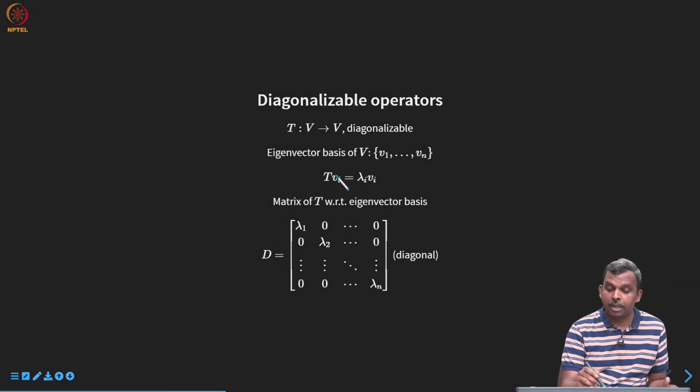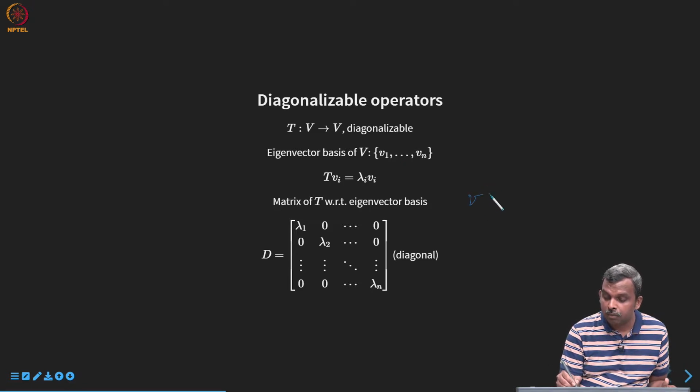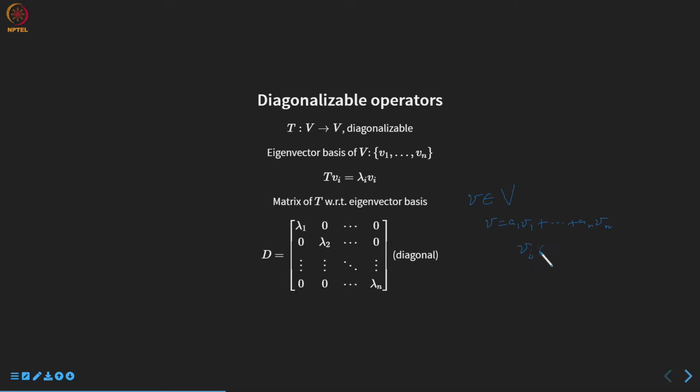Once you have an operator which has an eigenvector basis, any vector V can be written as A1 V1 plus ... plus AN Vn, and each Vi is an eigenvector of T. So any vector V can be written as a linear combination of eigenvectors of a diagonalizable operator. That's a nice property to have.